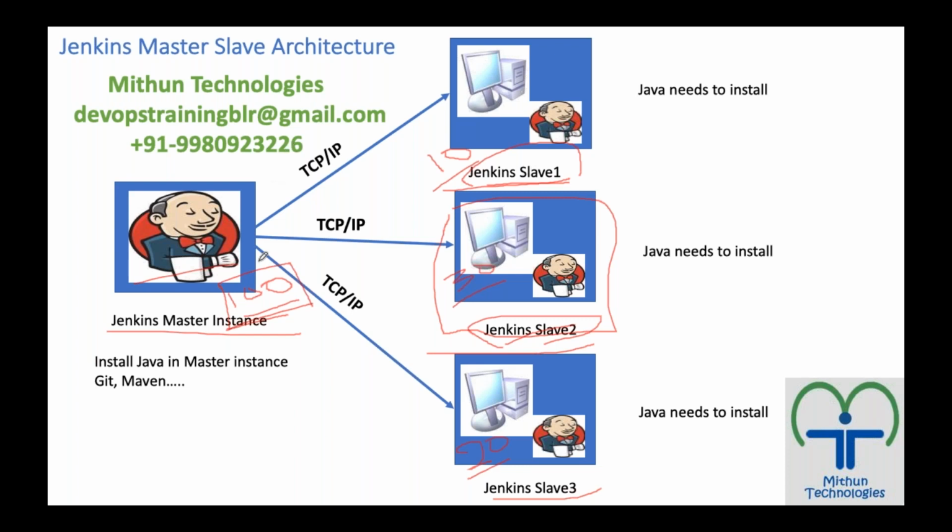Okay. So the interviewer is going to ask how many instances you have created for your master Jenkins server. So in one of my Jenkins servers, we have created 5 nodes, or we can call it 5 slaves. In one slave or one node, we are running all the Node.js related applications.